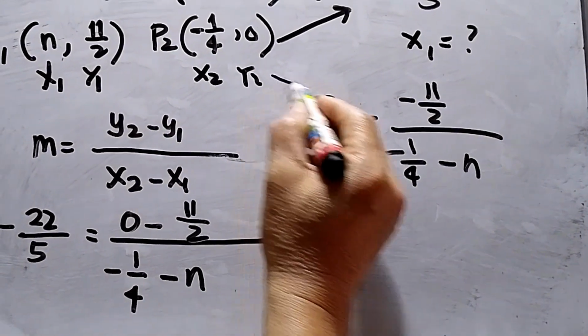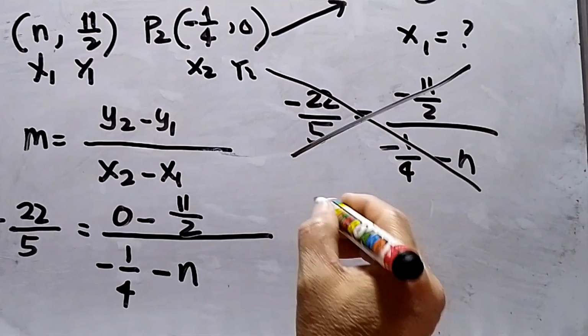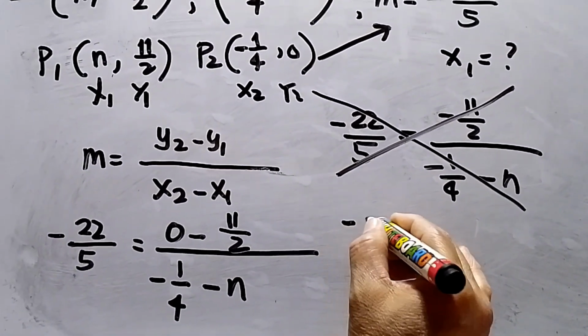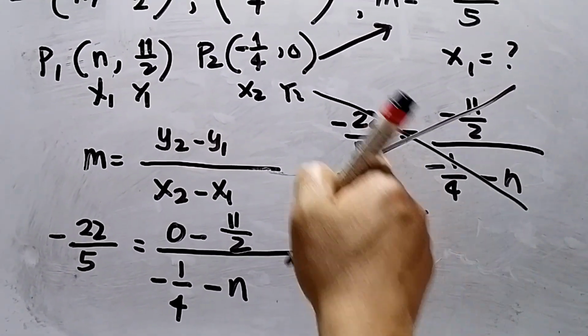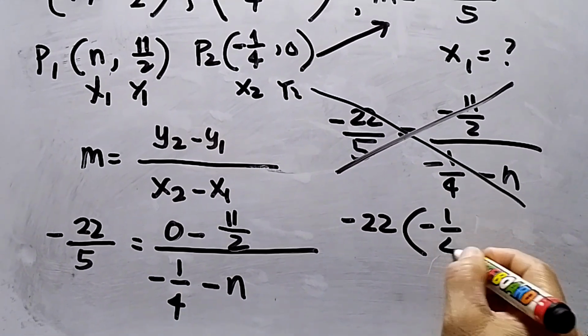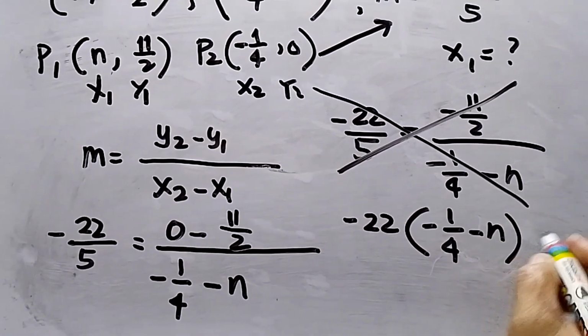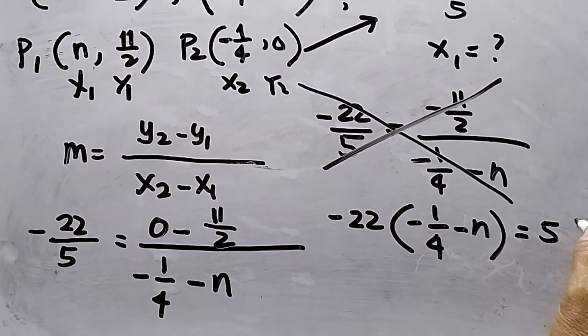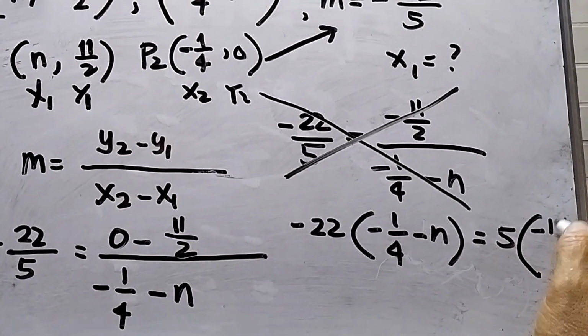So apply cross multiplication. This will be negative 22 times negative 1 over 4 minus n is equal to 5 times negative 11 over 2.